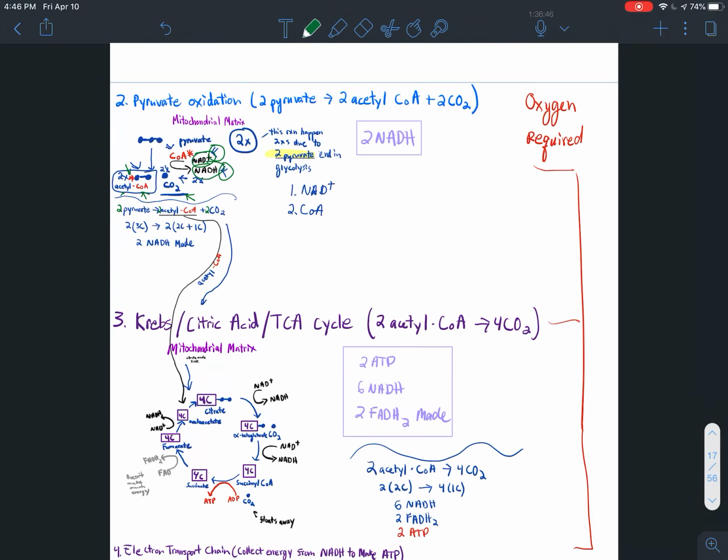At the end of pyruvate oxidation, we will have 2 acetyl-CoA, 2 carbon dioxide, and 2 NADH made. For every glucose molecule, the pyruvate oxidation reaction occurs twice. The 2 acetyl-CoA, we're going to break down the carbons one at a time and have them go around and around the Krebs cycle, which is indicated by these arrows over here. So in pyruvate oxidation, 2 NADH, in summary, is made.